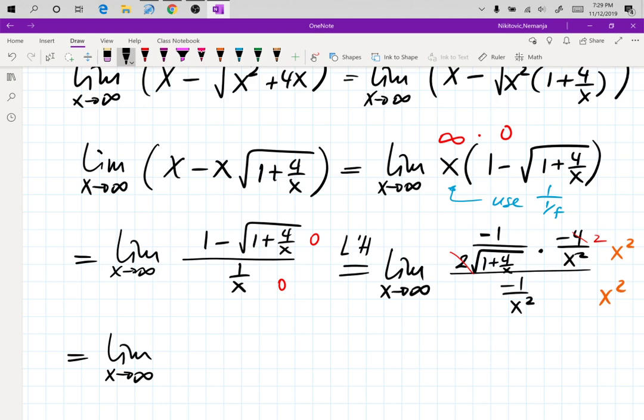It's not going to be a double fraction. So I have a negative 2 on top, and on the bottom I have x squared and x squared canceled. I have a square root of 1 plus 4 over x. So when I take the limit over here as x goes to infinity, I get negative 2. Who would know? Infinity minus infinity equals negative 2 in this case.